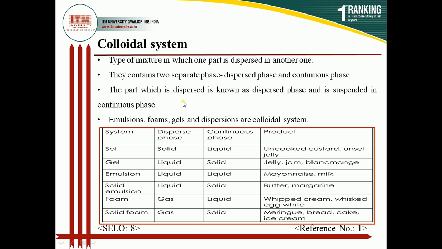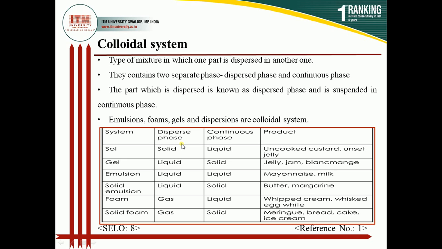So basically the colloidal systems are categorized into four parts: emulsion, foam, gel and sols. These are the four parts in which the colloidal system is categorized.